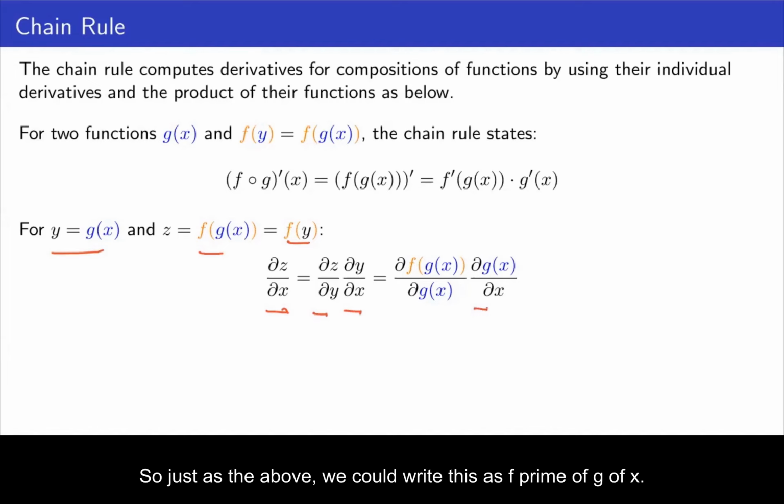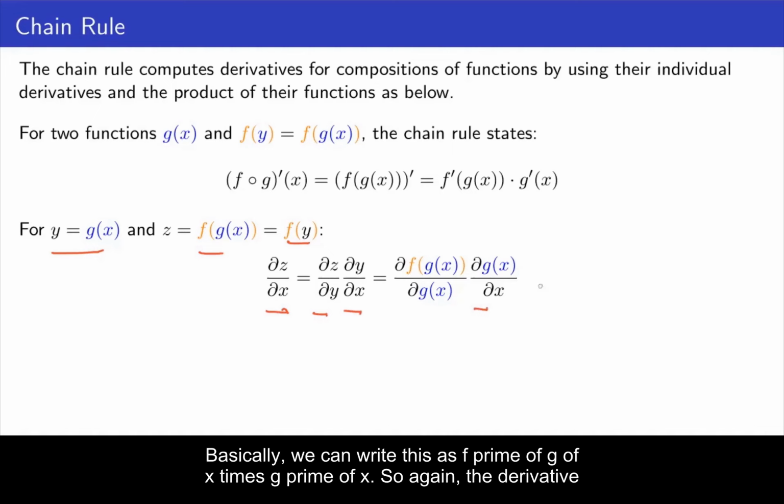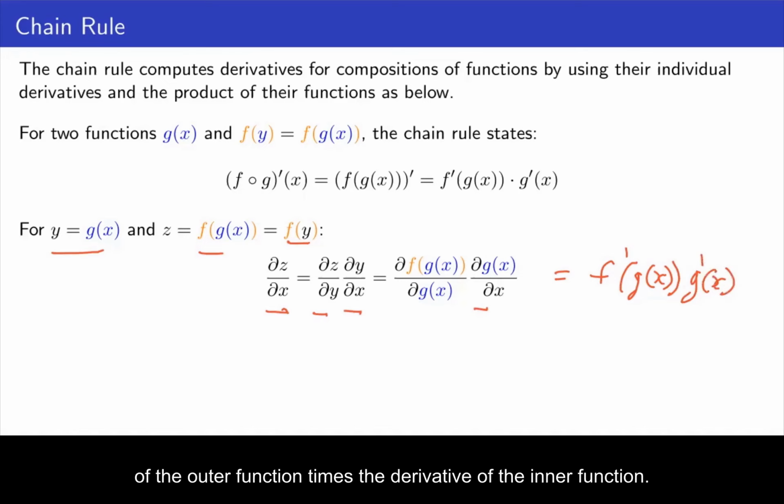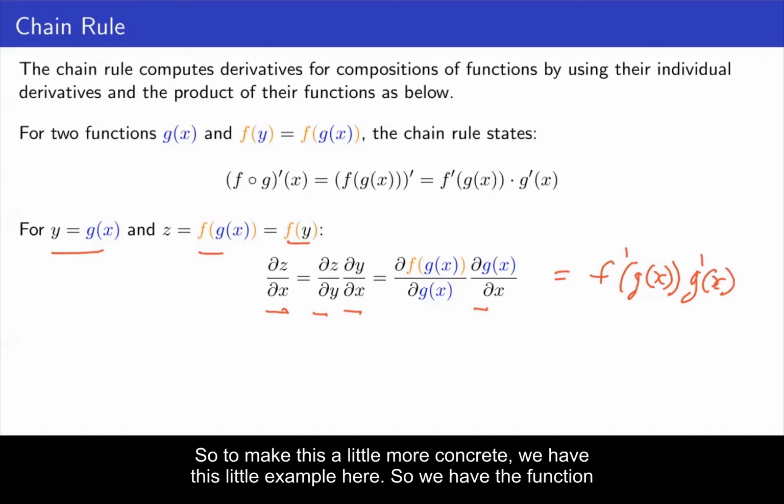Just as above, we can write this as f prime of g of x times g prime of x. So again, the derivative of the outer function times the derivative of the inner function.